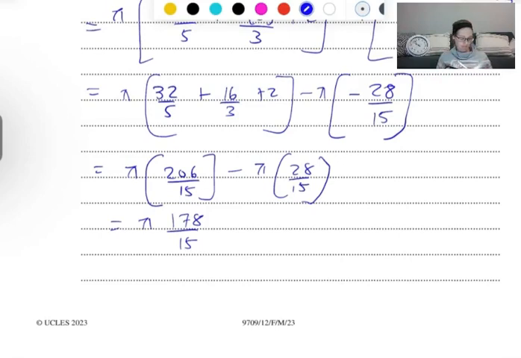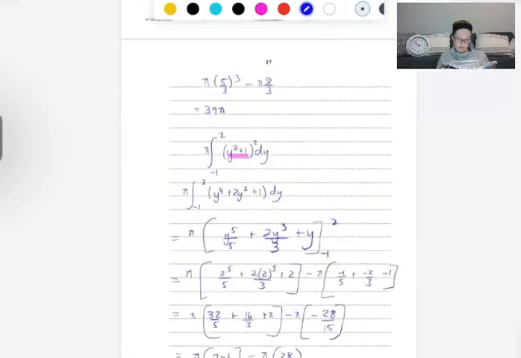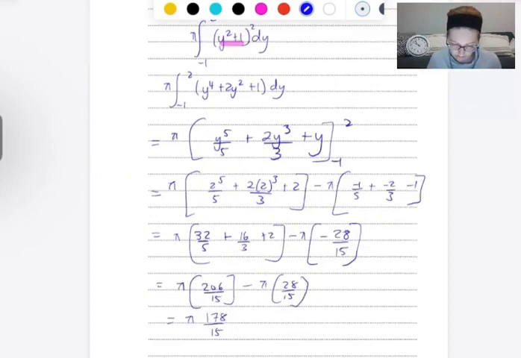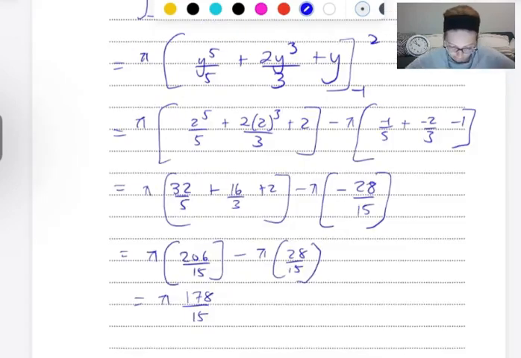Okay, so my answer is 39. Let me just check. 2 to the power 5 divided by 5, plus 16 over 3, plus 2.